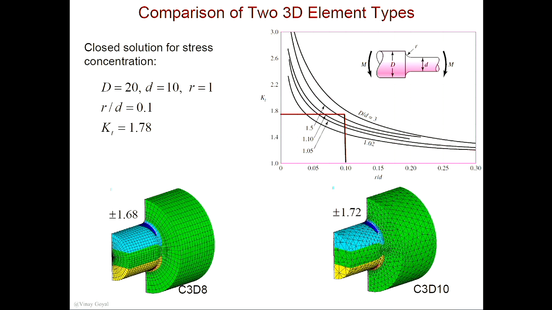If I use finite elements for C3D8, I get about 1.68. If I use tetrahedral elements, second order, 1.72. If I use linear, it's like 1.4, 1.3. Not very good, but close to that answer. So just comparing the two for now, nothing spectacular, just giving you a comparison there.